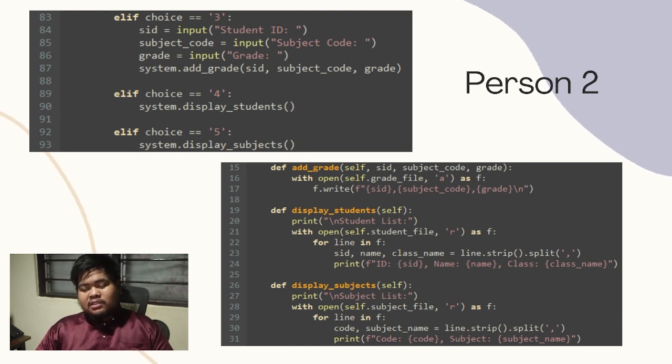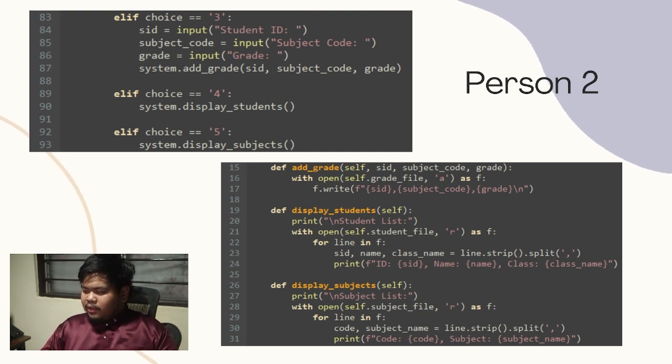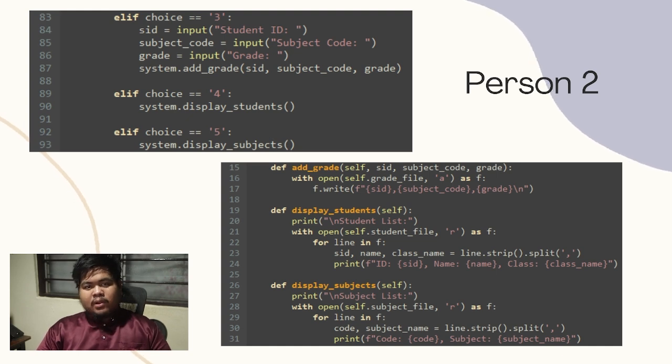Remember, if the subject_file does not exist in the system, then the code cannot open it, and then you cannot print the code and the subject name. And after it has opened that, it will read the text inside, and it will once again display the output, which is code equals code and subject equals subject_name.